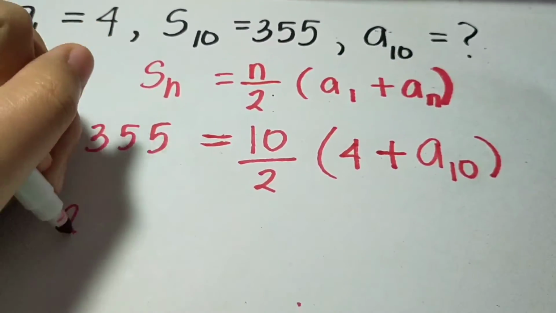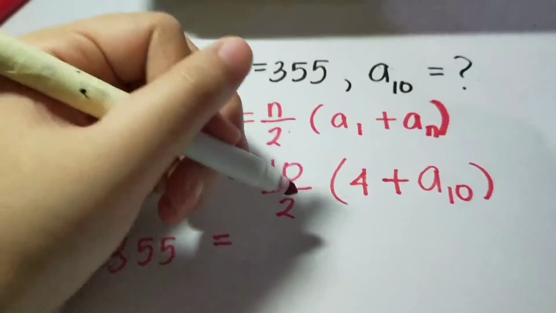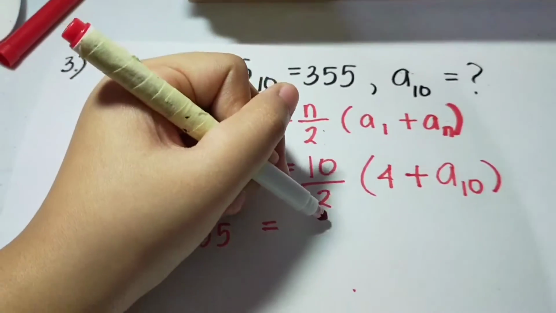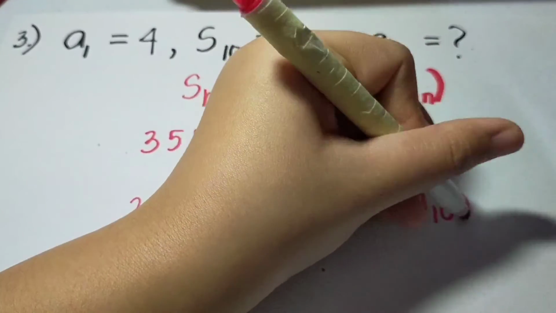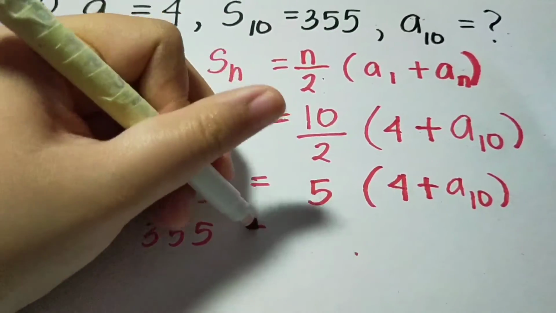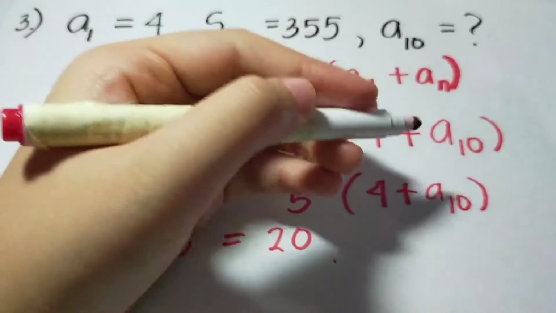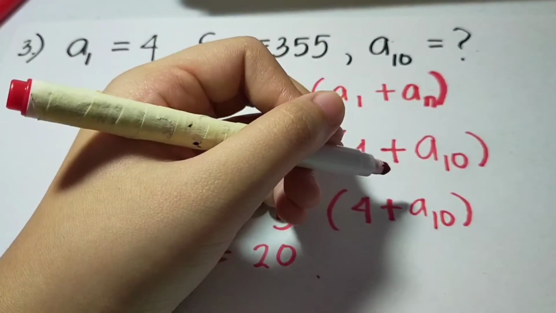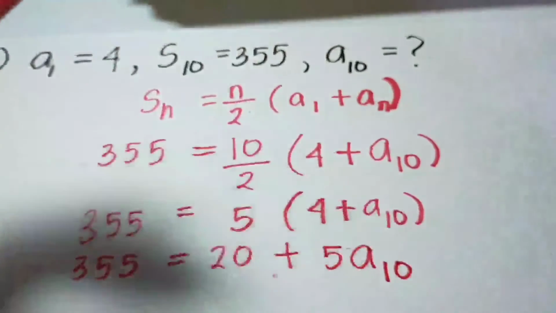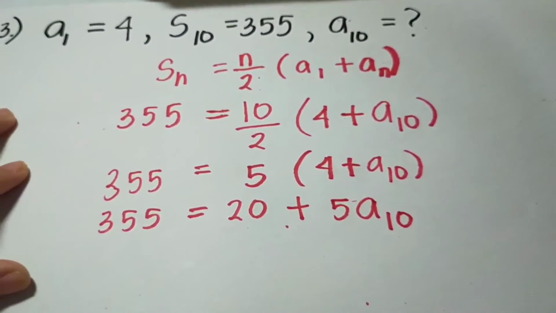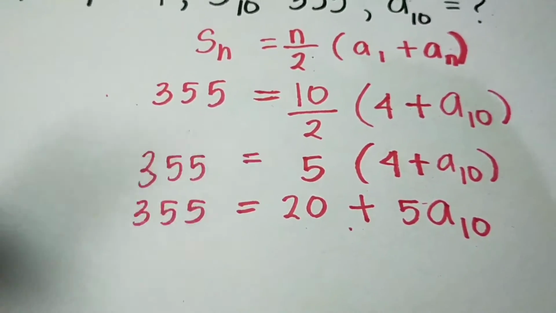So 355 is equals to 10 over 2, or 10 divided by 2 is equals to 5, times 4 plus a sub 10. 355 is equals to 5 times 4 is equals to 20, and 5 times a sub 10 is equals to 5 a sub 10, and i-transpose natin yung 20 to the left side of the equation.